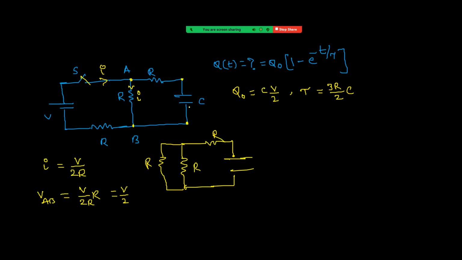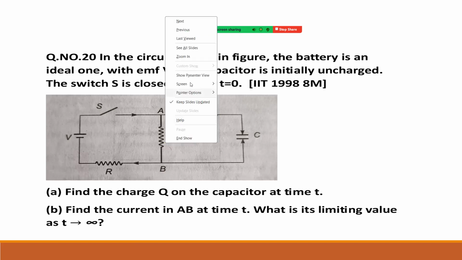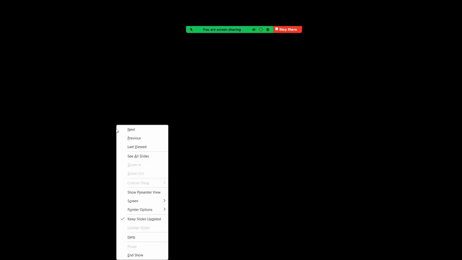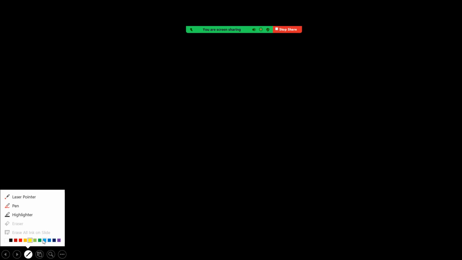So next we have to find out what is the current in AB as a function of time. So now we have to focus very carefully. Let us make the circuit diagram once again. Now see the second part, to find current through AB.